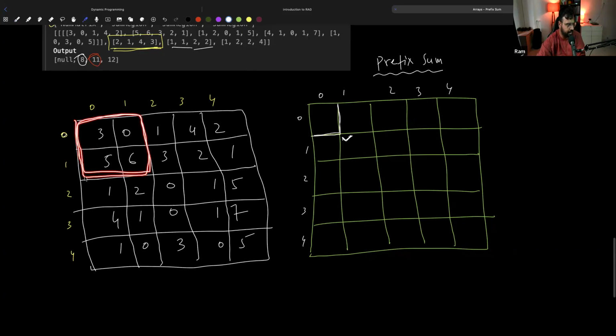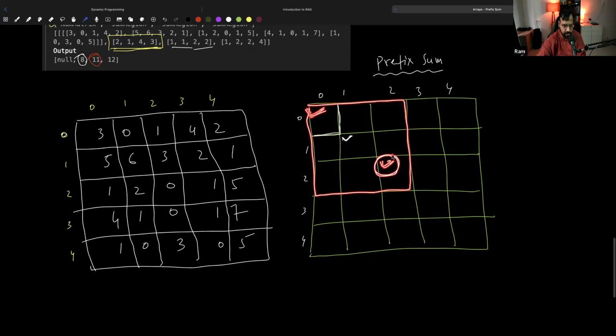The sum of this whole subarray I will store in this part. From the starting cell to that cell, whatever is the sum of the submatrix, that I'm going to store in that cell. Did you understand what I said?